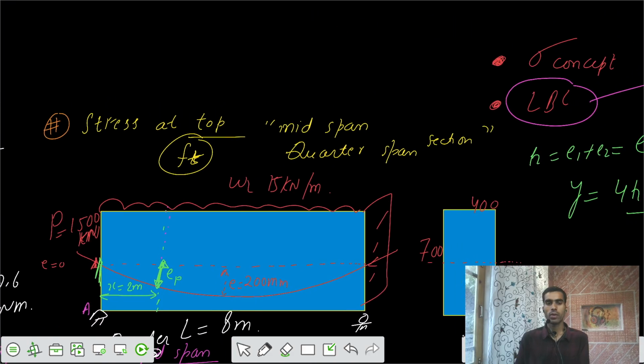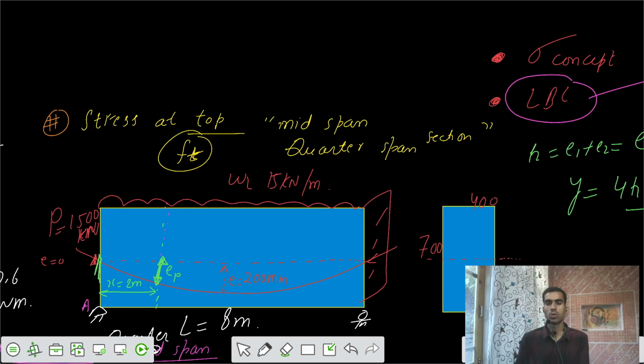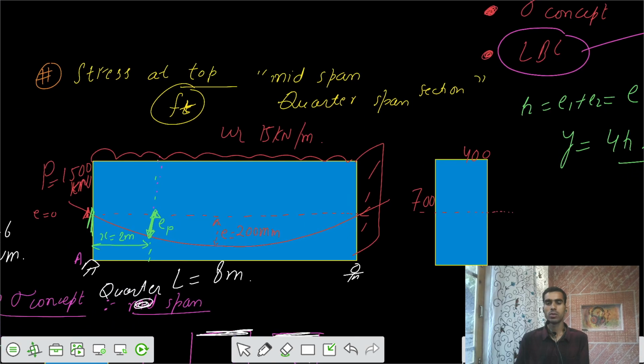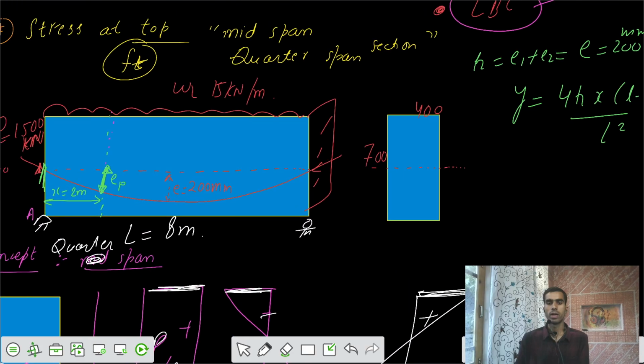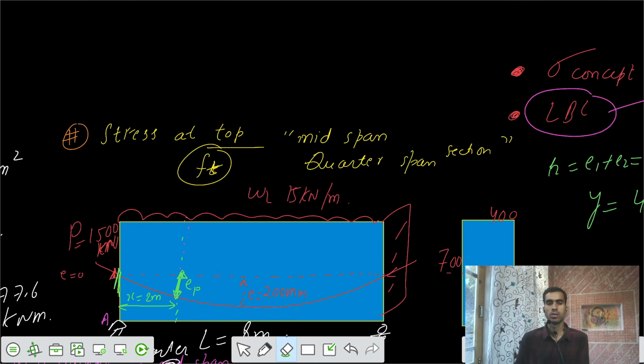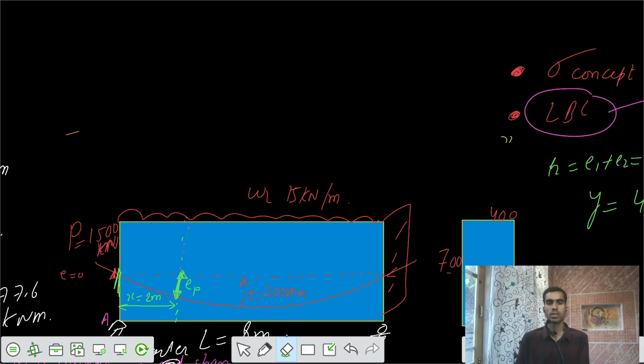Can we have a load balancing concept here? If you have a UDL and we are having a parabolic cable, can you tell me how you can have balancing loads? What is the value of the balancing loads? So we had to convert that into a load balancing profile.